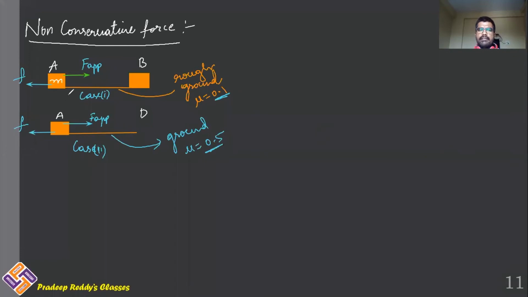Now let us calculate work done by the friction in the first case. Work done in moving A to B by friction is equal to minus, because cos is 180, displacement is right side, friction is in the backward direction, so angle here is 180 degrees. Work done by the friction will be minus frictional force into displacement.